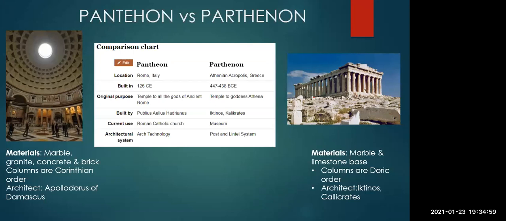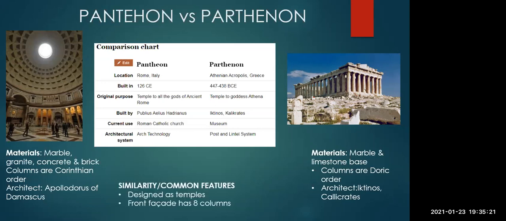So this is a comparison between the Pantheon and the Parthenon. The Pantheon is located in Rome, the Parthenon in Greece. The original purpose of both was as a temple. Now it is used as a church and a museum.